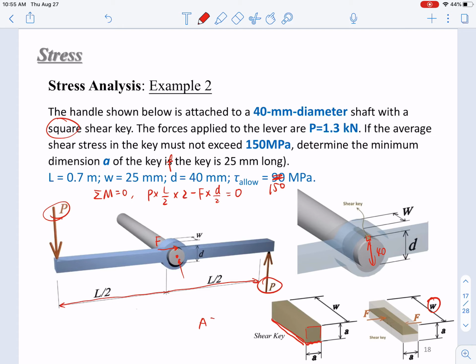The area will be W times A. The shear force V will equal F. Then the tau will be V over A, or F over A. This has to be not higher than 150 MPa. So this is how we can solve for the small a. This is the overall strategy.